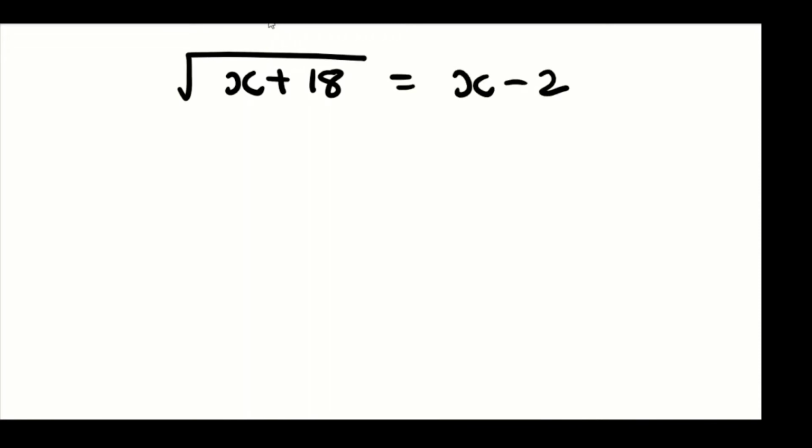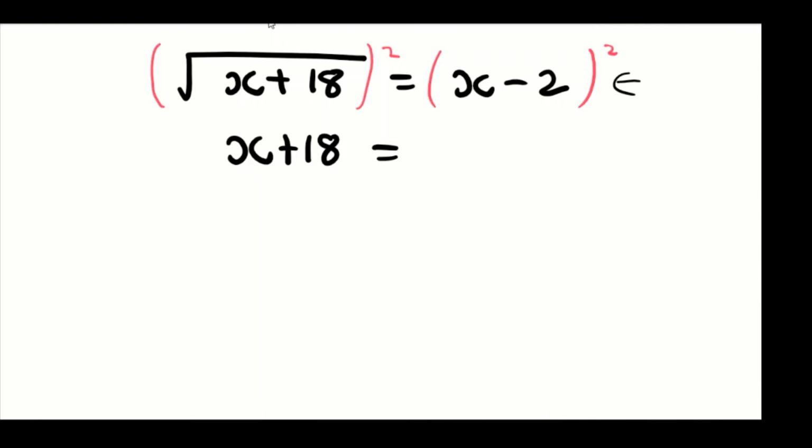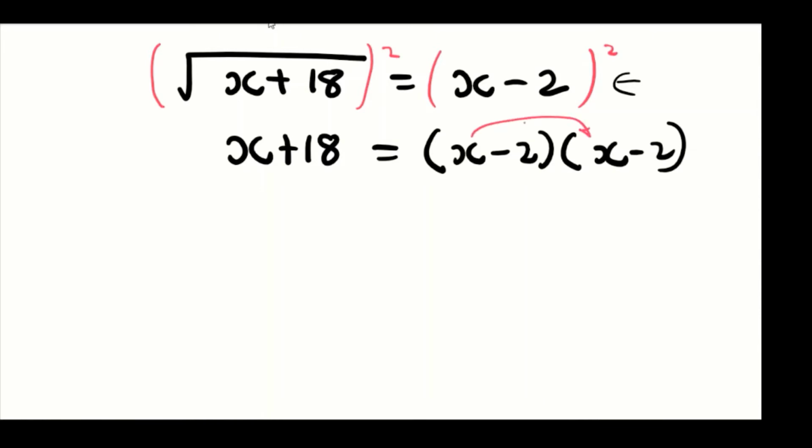The first step we're going to do is square both sides. What we're going to have on the left hand side is x plus 18 being equal to, you're just going to expand this expression here, so it's going to be x minus 2 and x minus 2, and use the FOIL method to find the product.